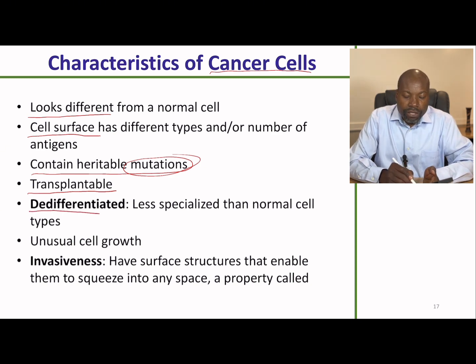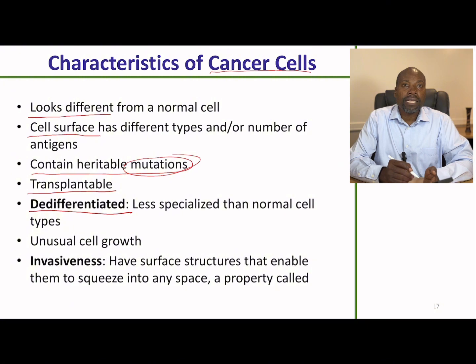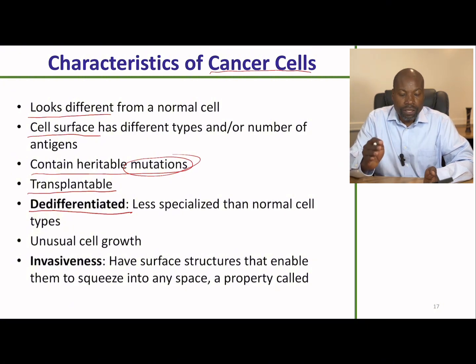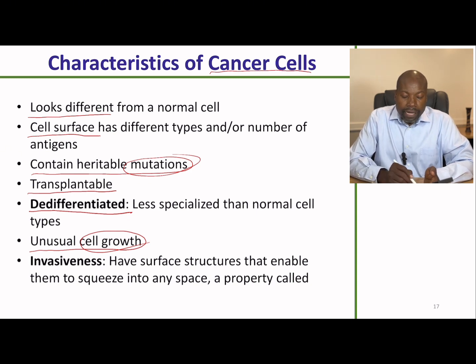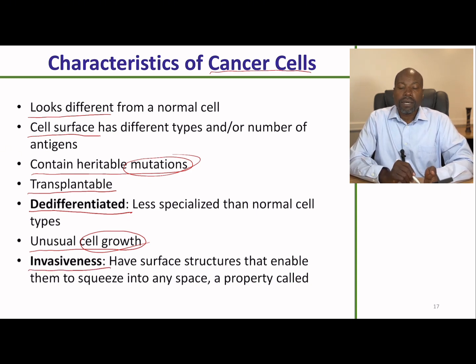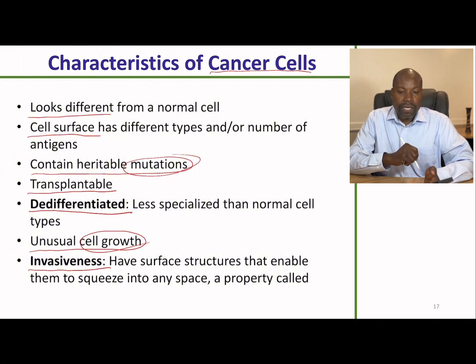They can de-differentiate, meaning that they can lose their specialization, right? Which is a problem. They usually grow out of control, and they can invade other places in the body.